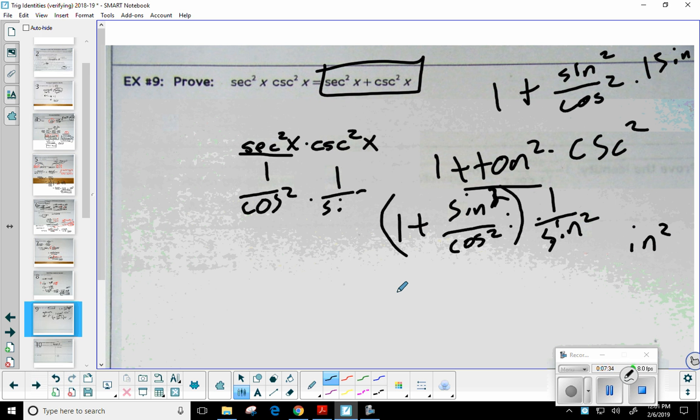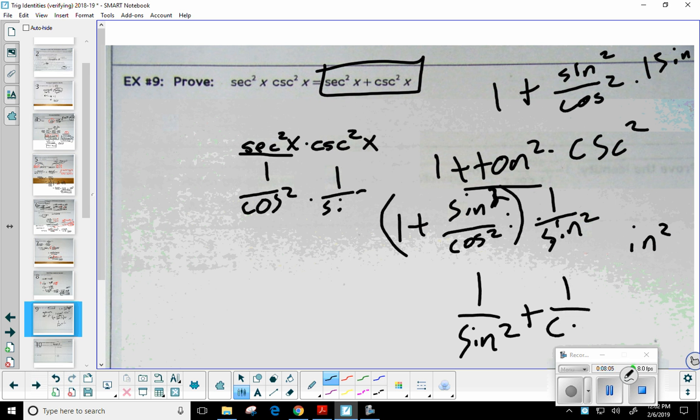So 1 times 1 over sine squared would give you 1 over sine squared. And then what's going to happen when you multiply sine squared over cosine squared times 1 over sine squared? The sine squareds are going to cancel, and I'd be left with 1 over cosine squared.